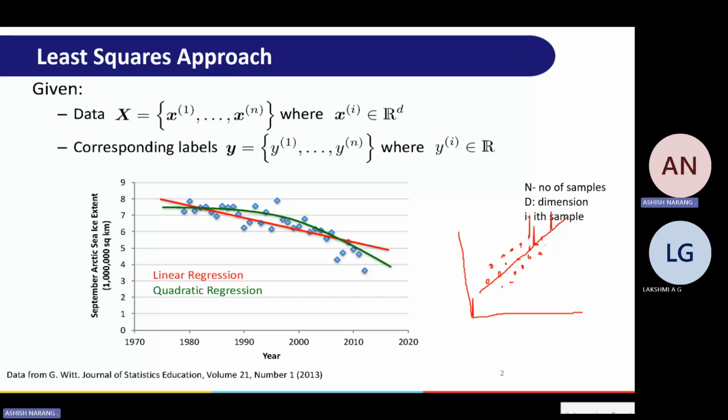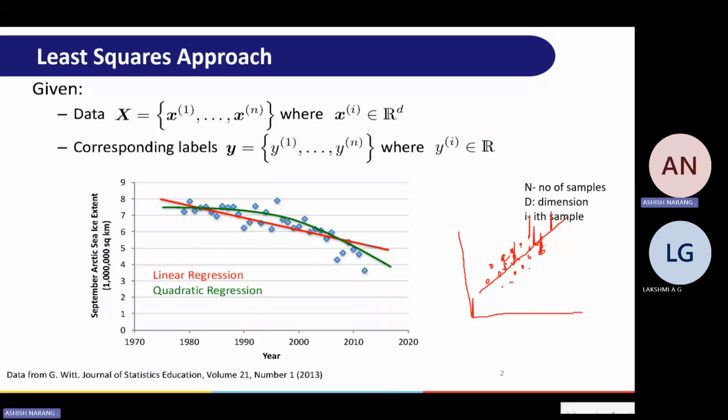And now, what do we mean by least square approach? Now, there could be multiple lines that I can fit, and that's what linear regression is, right? Fitting a line, a straight line. But some of the points, you see, they fall on the line, while some of the points lie above the line, and some of the points lie below the line also.